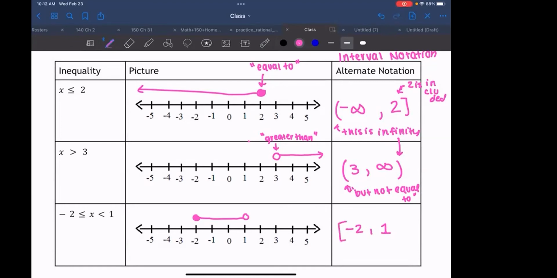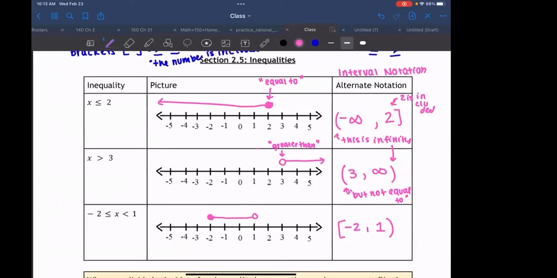Good, because it's a less than or equal to sign, and the other one gets a parentheses because it's less than and not equal to. Okay. Any questions on how to write our inequalities, how to write the interval notation, draw a picture, anything like that? All right.